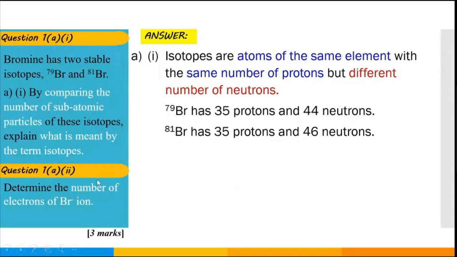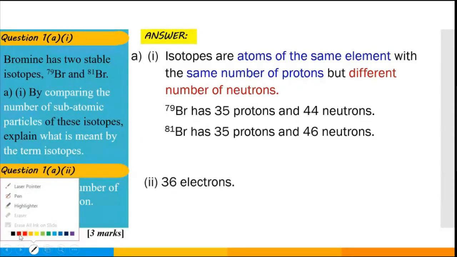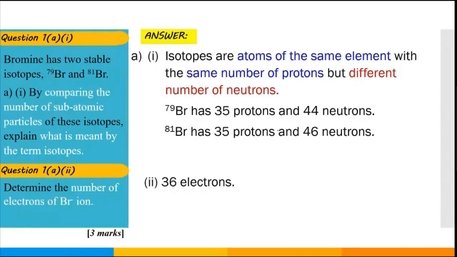Okay, part 2. Determine the number of electrons of bromide ion. Bromide ion has 36 electrons, because bromide ion is Br negative.